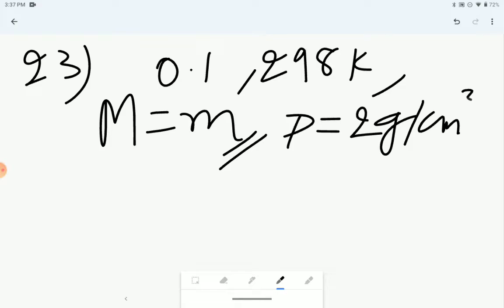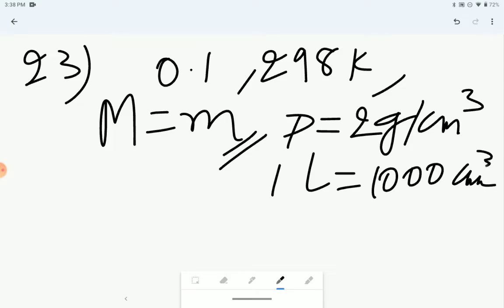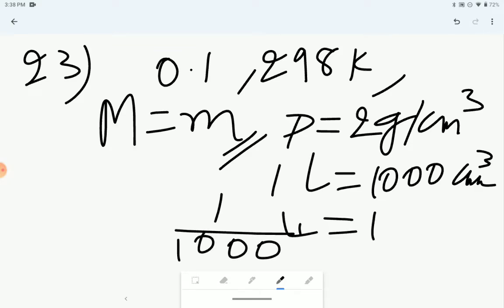And you should know one thing, 1 liter is equal to 1000 centimeter cube. That means 1 by 1000 liter is equal to 1 centimeter cube. If we write it in the denominator and it goes up, it becomes 2 into 1000 gram per liter.